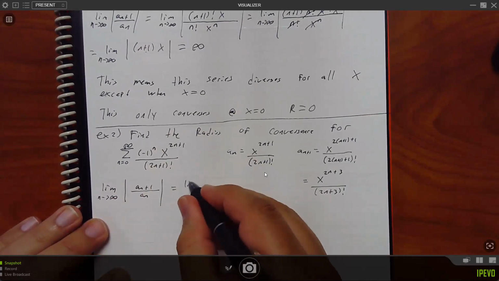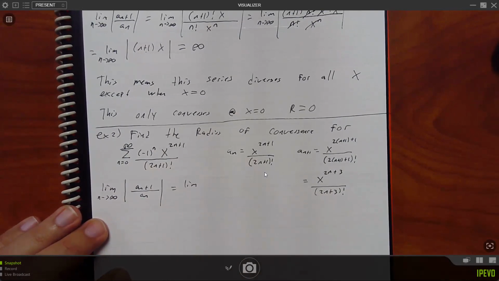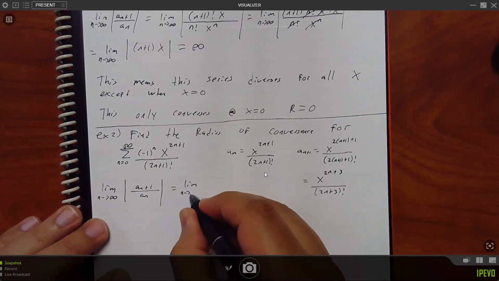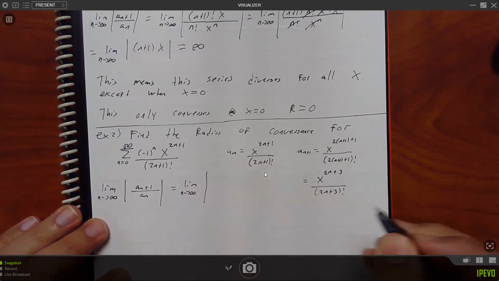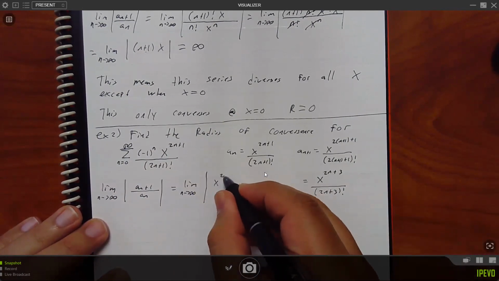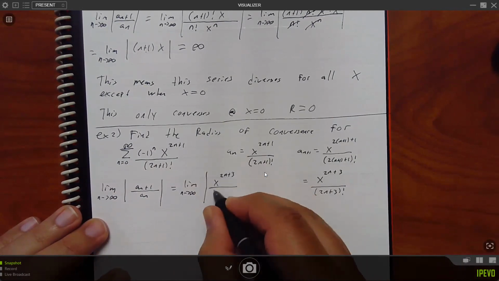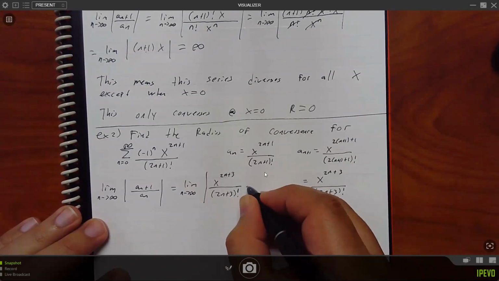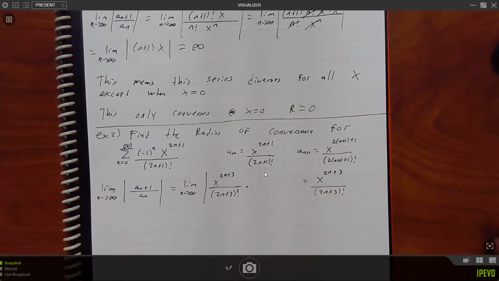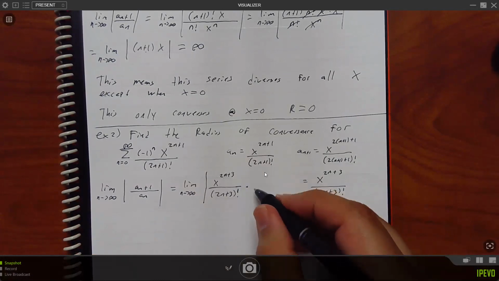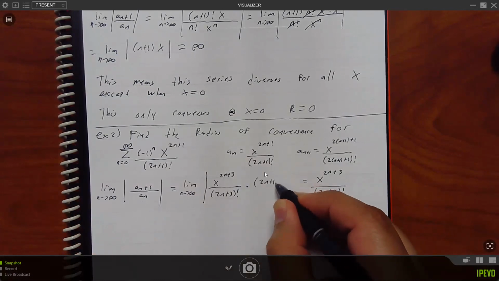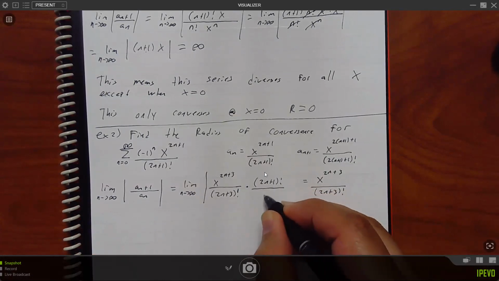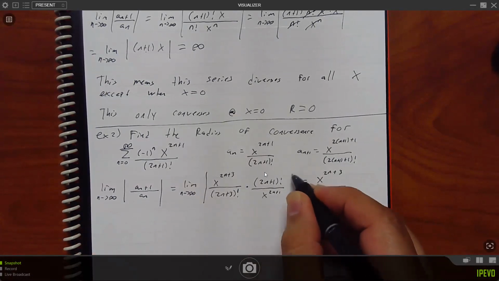That will be the limit. I'm going to skip the algebra step. x to the 2n plus 3 over (2n plus 3) factorial times the reciprocal, so that'll be (2n plus 1) factorial over x to the 2n plus 1.